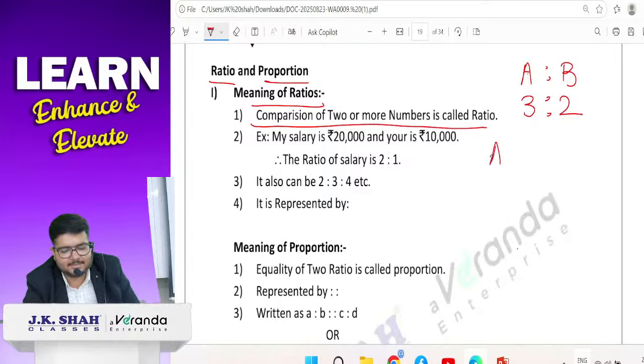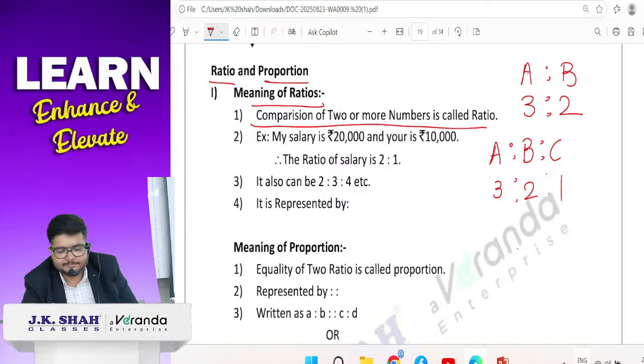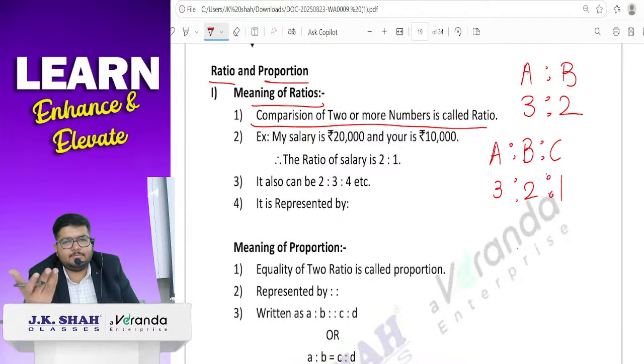If there are three partners, we can compare all three of them using the ratio 3:2:1. This compares the ownership of them. Who has more ownership? A. Who has the least ownership? 1, which is partner C.